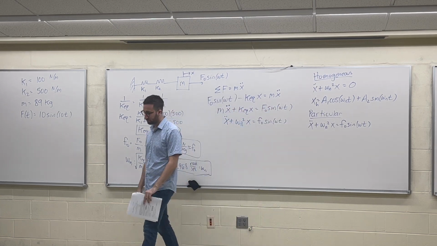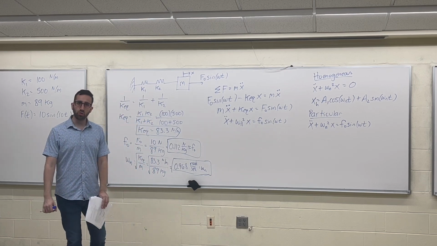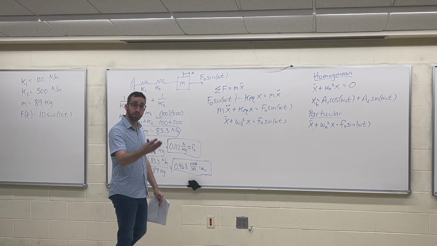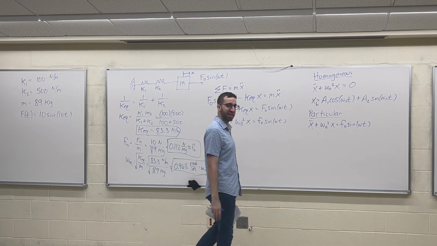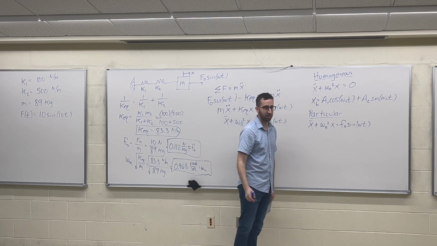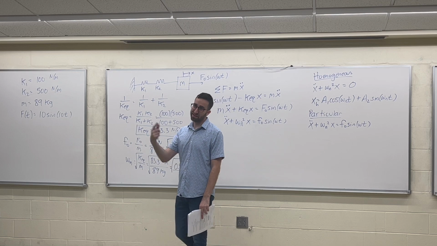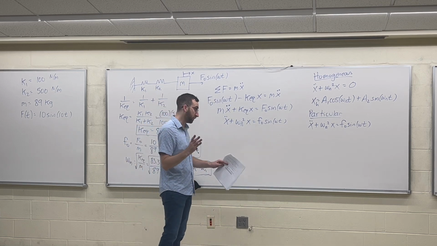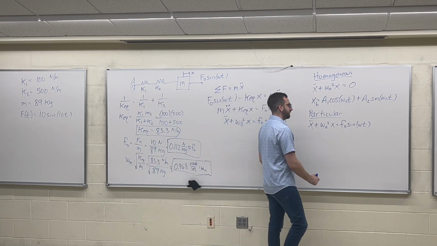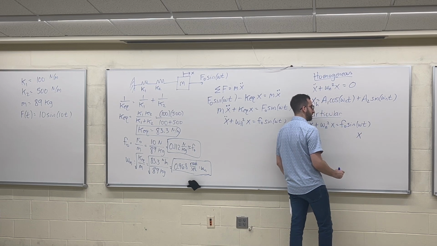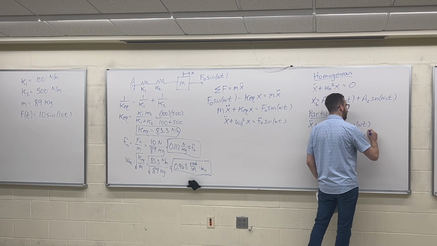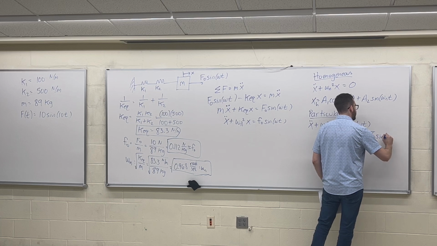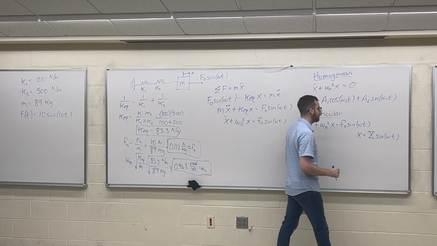Or we can do Laplace transforms: take the Laplace of both sides, find the transfer function, take the inverse of it, and then you get your answer. They're all equivalent. For this, because there's no damper, it actually ends up being pretty simple.